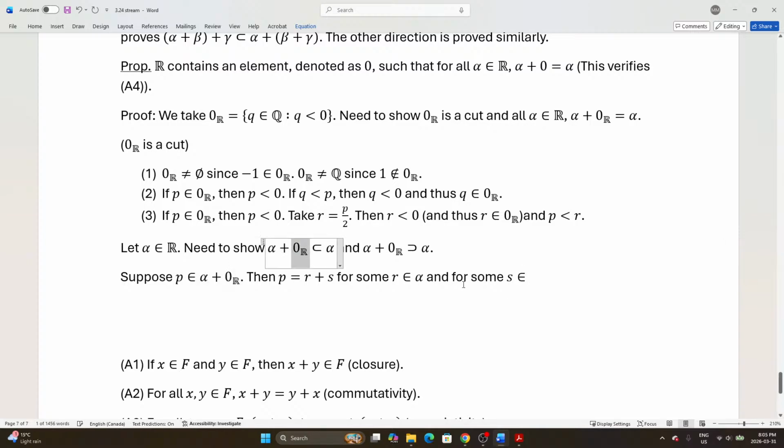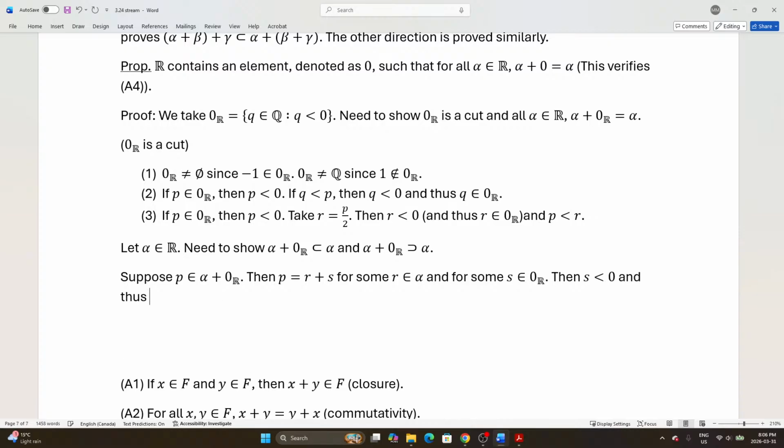That's what we get from this assumption. Then immediately we have S is less than 0. So if S is less than 0, then R plus S is less than R.